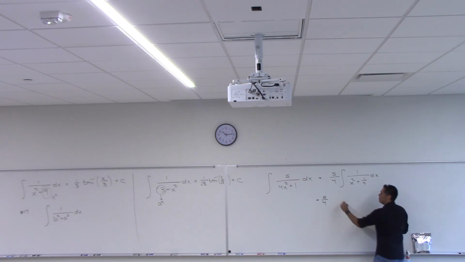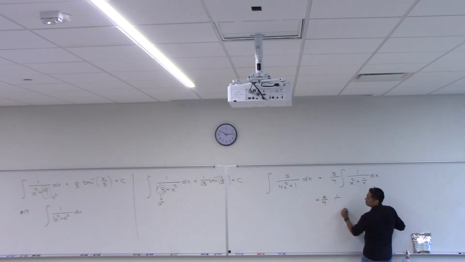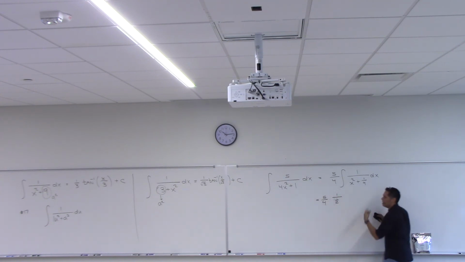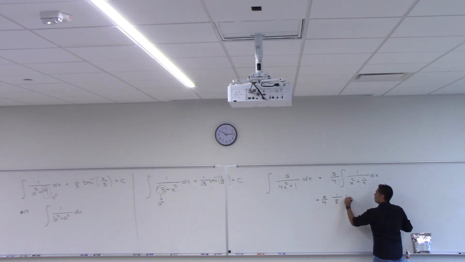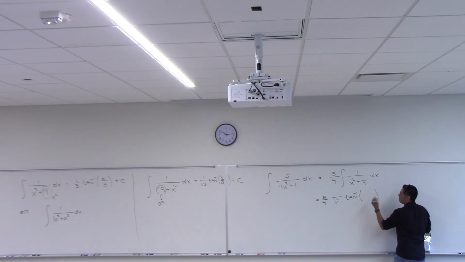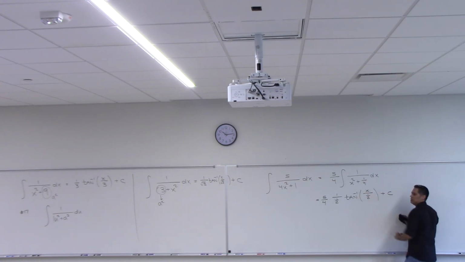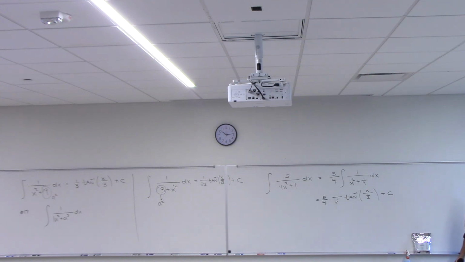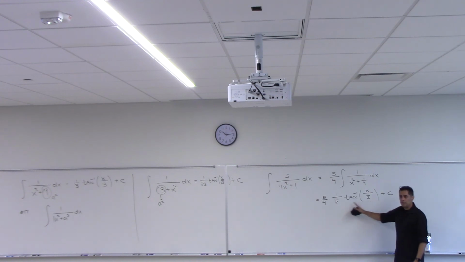So this will be 1/2, wait, no. It's 1 over, let me write it 1 over 1/2. Okay, that's 1 over a, arctangent of u, but u for us is x over a, which is 1/2, plus c. Any questions on where I got the 1/2 from?